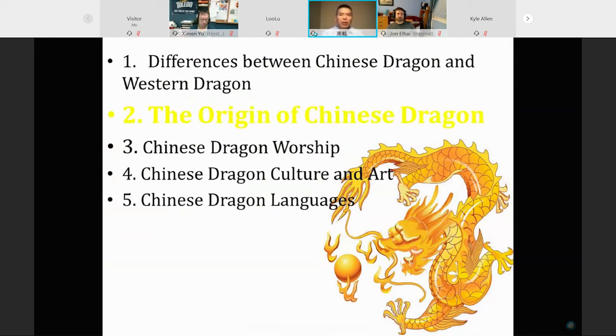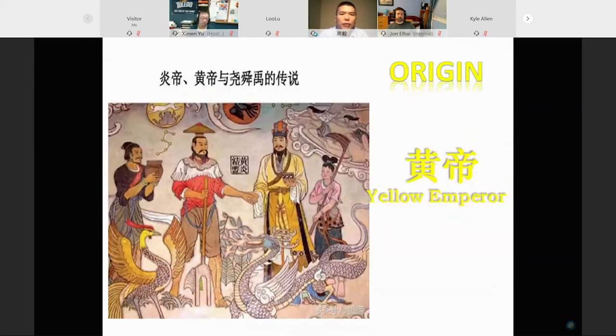Our second part is the origin of the Chinese dragon. The Chinese dragon has also been depicted in Chinese mythology, and it may appear as the Dragon King, Azure Dragon, Yellow Dragon. And why do we keep the dragon as the fortune or good symbol of Chinese culture?